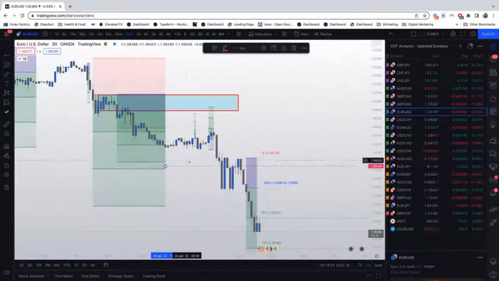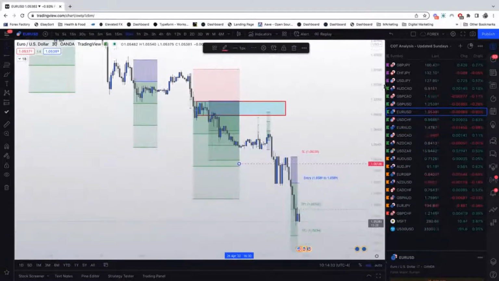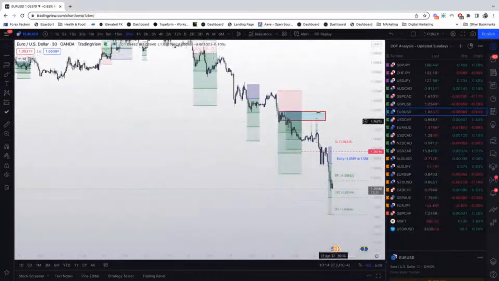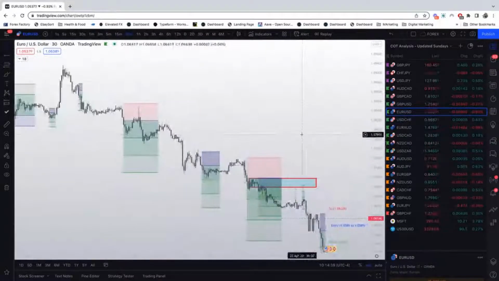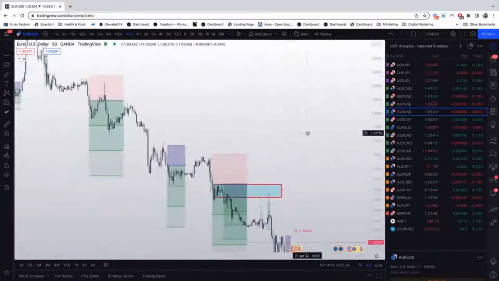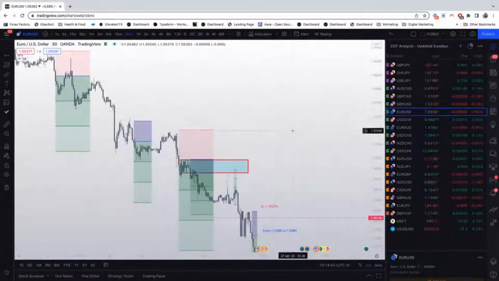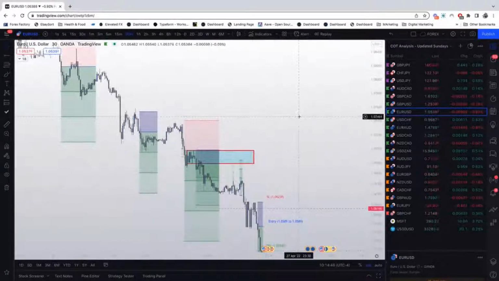So yeah, you got in at that price, but the market is just continuing to head down, and I'm also still in another trade at 107,369.